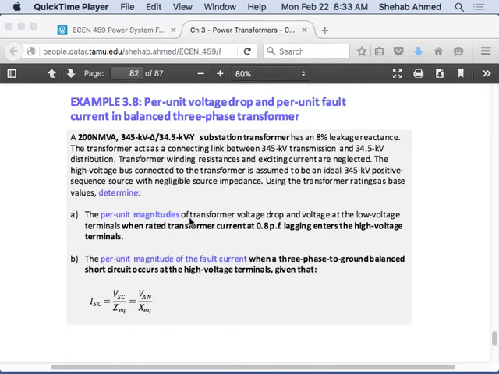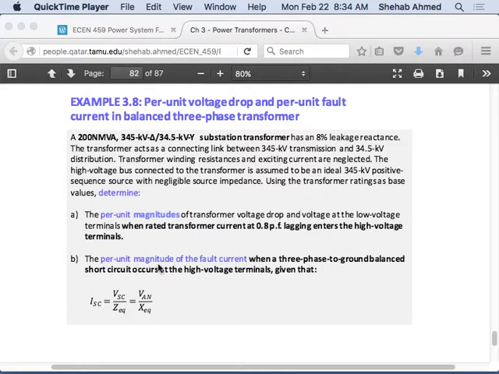They want the per unit magnitude of the transformer voltage drop, and they're giving you the impedance. So you have the current and you have the impedance, and they're asking for the voltage drop. We'll look at the solution, but this is what they're doing.